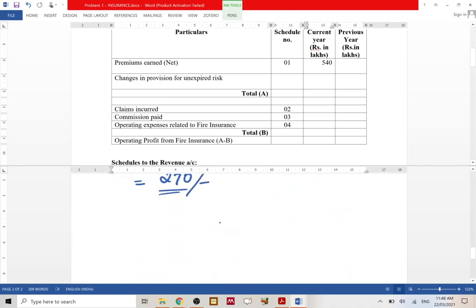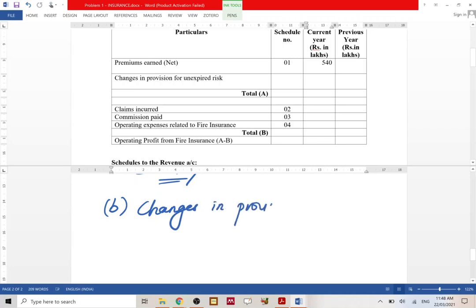Now, what we really need is changes in provision. Changes in the sense the previous year's balance minus the current year's balance. So changes in provision for unexpired risk.